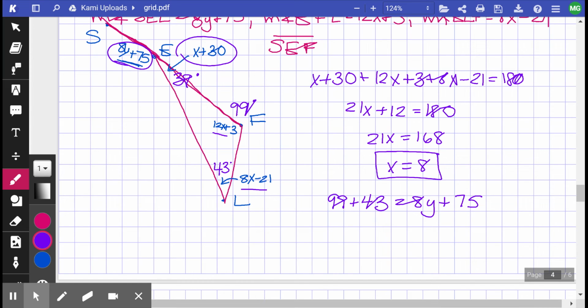And then you would solve for y. And we would get 142 equals 8y plus 75. Subtract your 75, divide by 8. And I'll let you guys do that on your own. And then that should be 8.375.